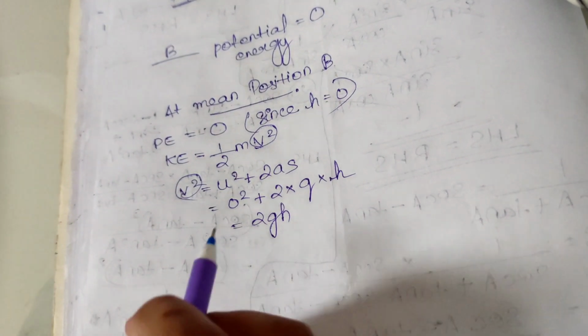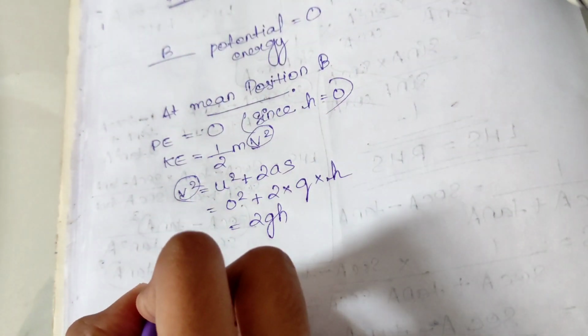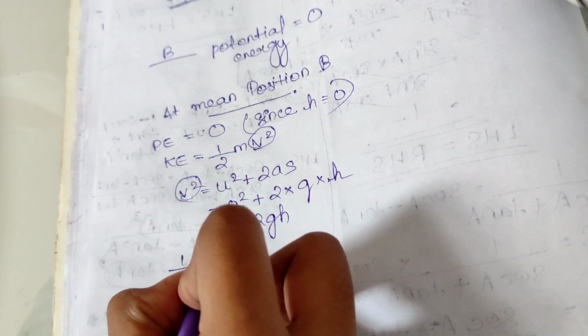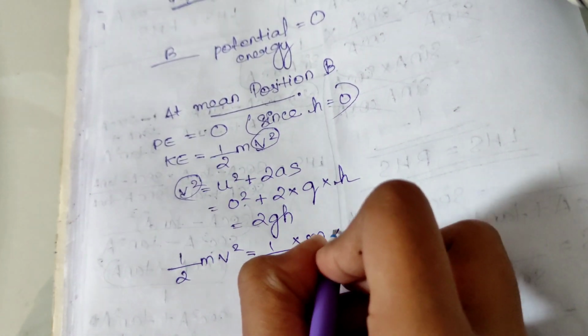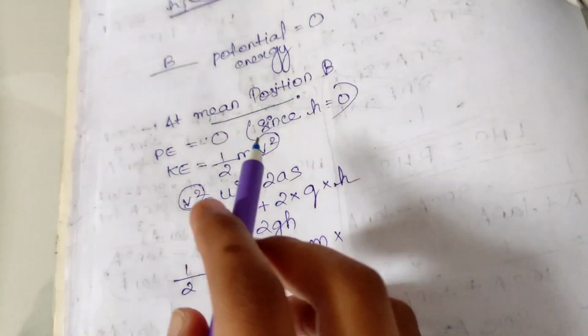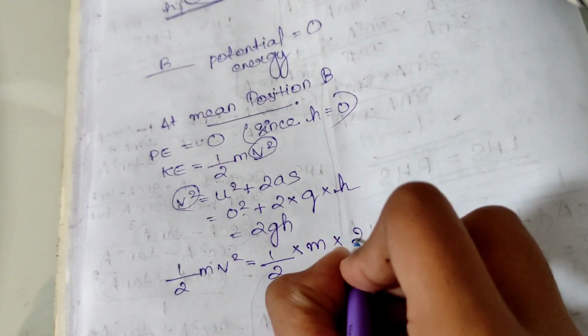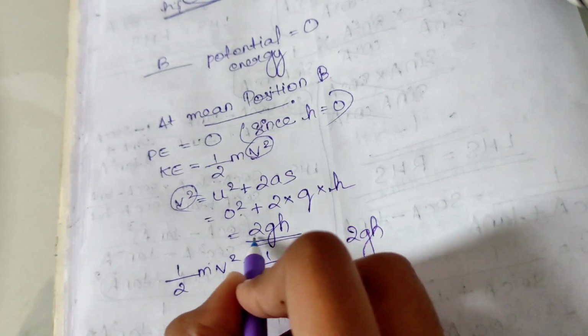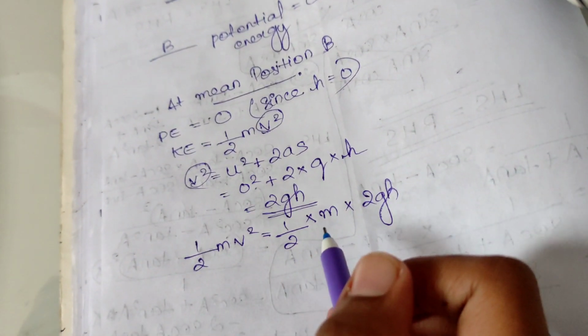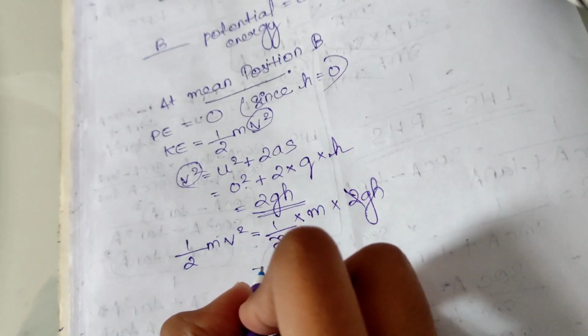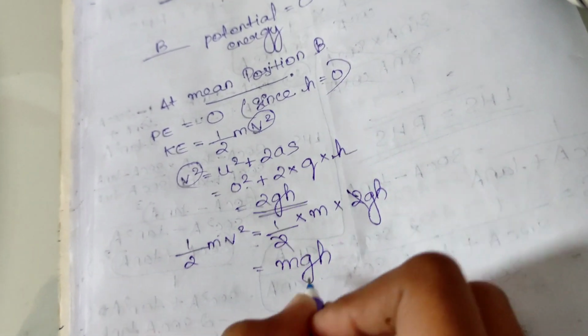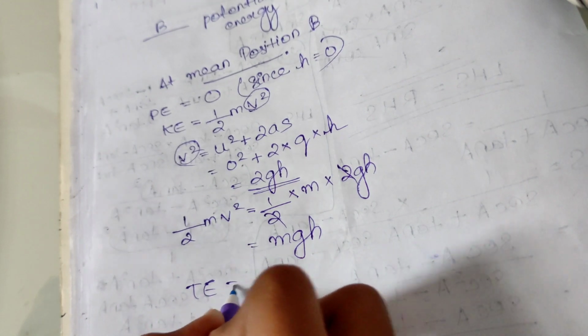Then we can substitute the v square value in kinetic energy. That is half mv square is equal to half into mass into v square. The value of v square is 2gh. So now let's cancel this 2 and 2. Then half mv square will become mgh. So what is the total energy?